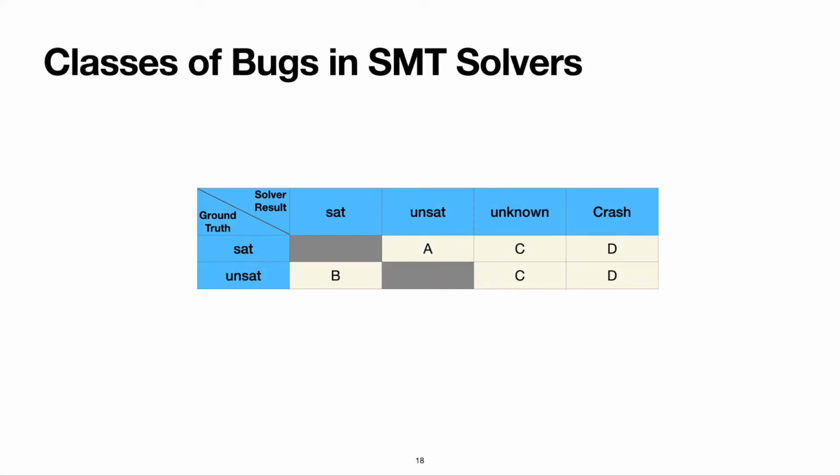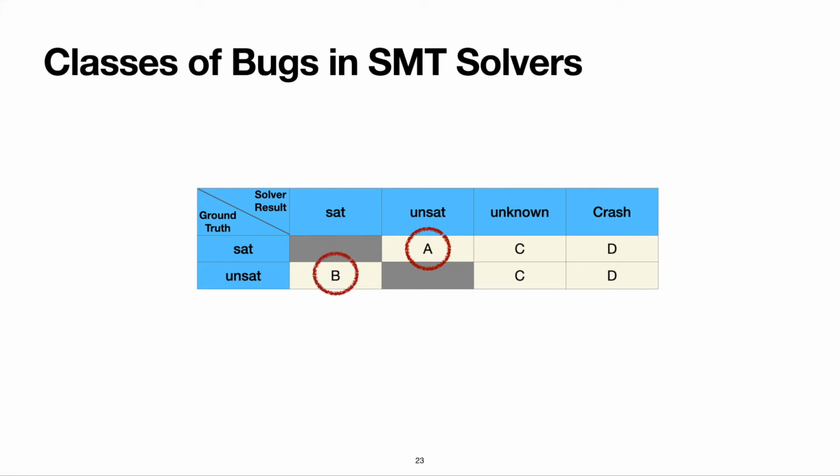This table shows the classes of bugs that may occur in an SMT solver. These values represent the ground truth of an SMT instance. And these are the possible results that can be returned by a solver. Bugs in class A and B are soundness bugs. For bugs in class A, the solver returns unsat for an instance that is satisfiable. These bugs are known as refutational soundness bugs in the SMT community.